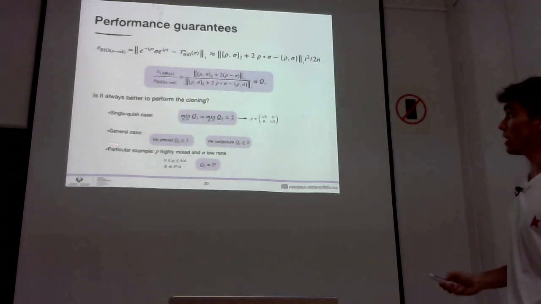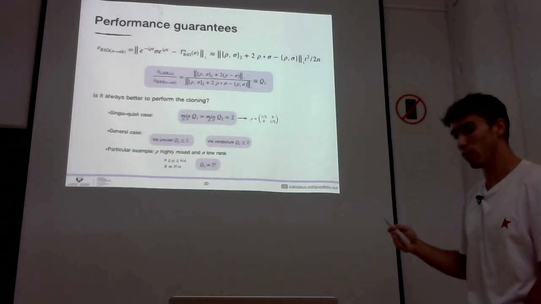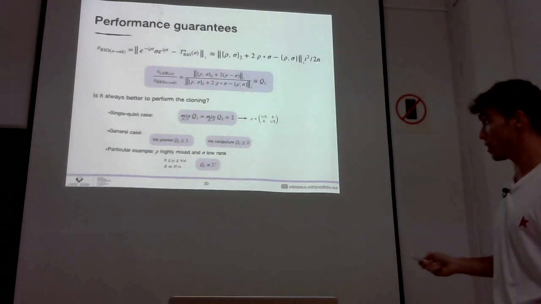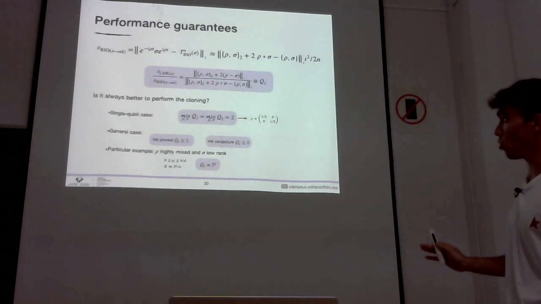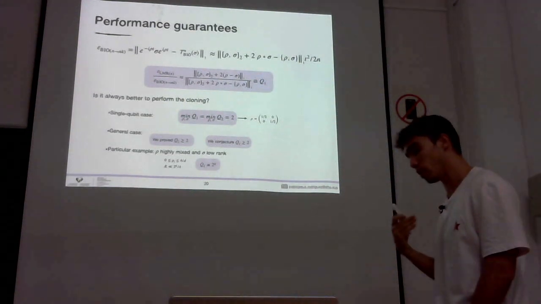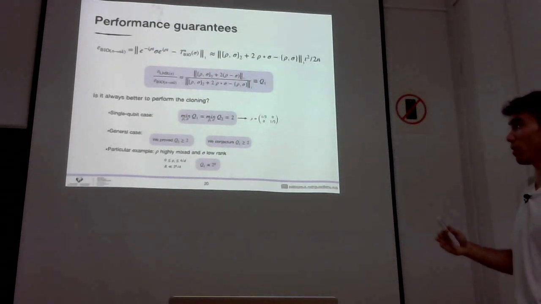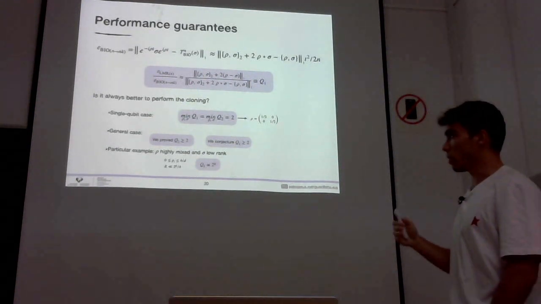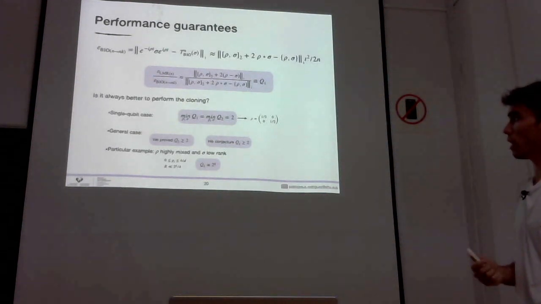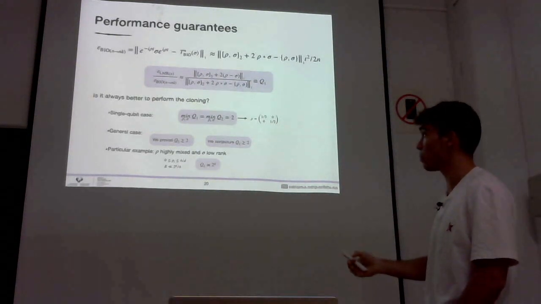And what we found is that the improvement, this Q1, which quantifies the improvement of our protocol, scales with the dimension of the system. So for highly mixed rho, the improvement that I'm obtaining using this combined protocol over the original protocol is proportional to the dimension. So this is good, we are reducing the resources considerably using this approach.